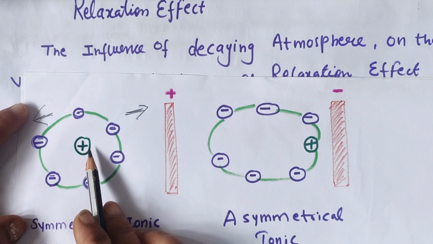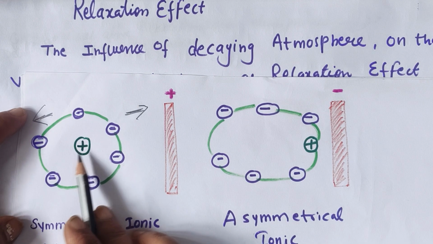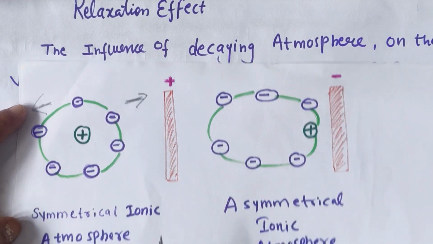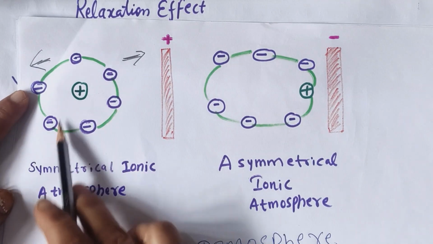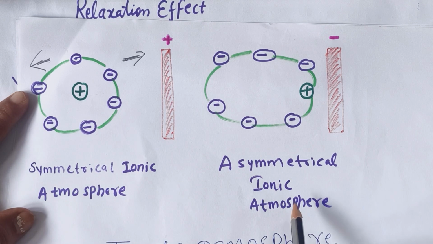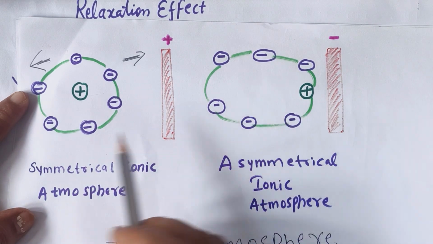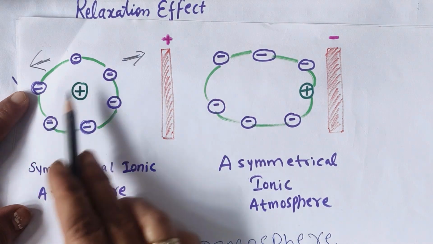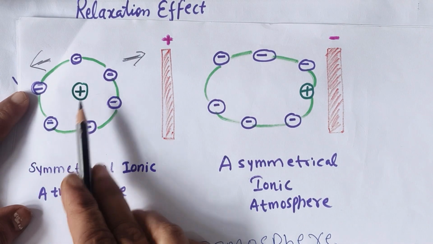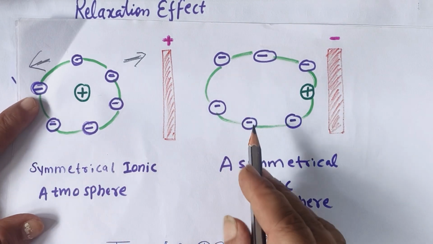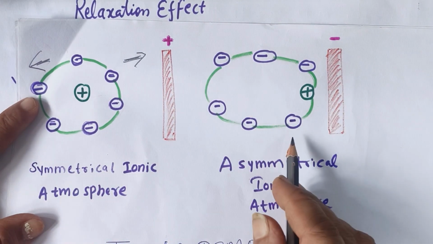As a result, when this positive charge shifts from its place, the symmetrical ionic atmosphere starts becoming asymmetric. Because the positive charge is moving from its place, distortion starts, and because of this distortion the symmetric ionic atmosphere is distorted, or we can say destroyed.